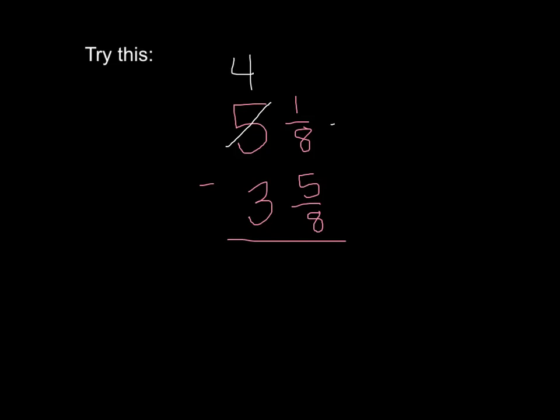So my new fraction is going to equal 9/8. Now I can do my subtraction. 9/8 subtract 5/8 is 4/8, and 4 subtract 3 is 1. And if I wanted to, I could go ahead and simplify my answer to make it 1 1/2. So that is the answer to this problem.